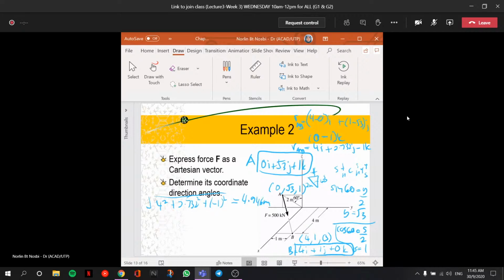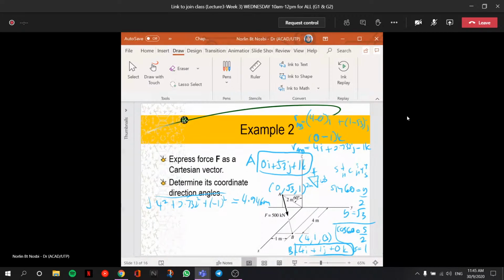Now you know the position and the magnitude. You need to find the coordinate direction angles. So how do you want to find it? You can use the values for cos alpha, beta, and gamma.